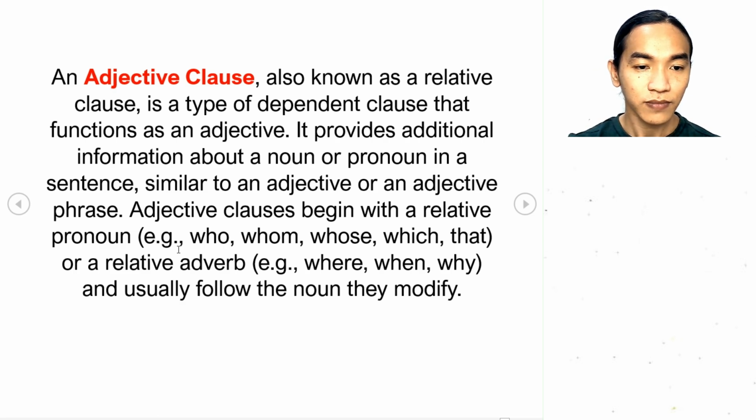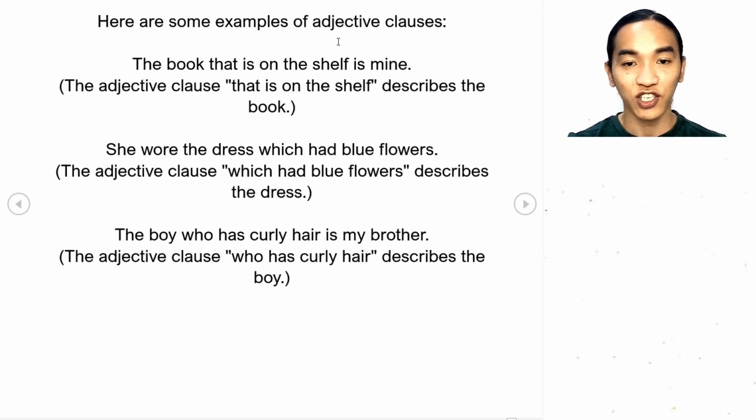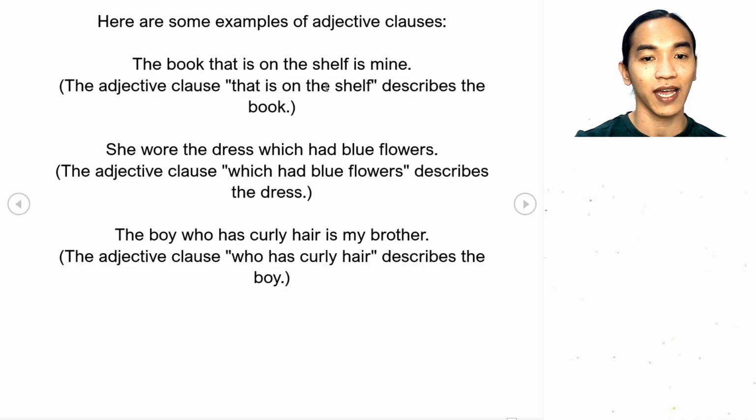First one: the book that is on the shelf is mine. Your adjective clause, that is on the shelf, is like a complete sentence. It has a subject, a verb, and the predicate describes the book.